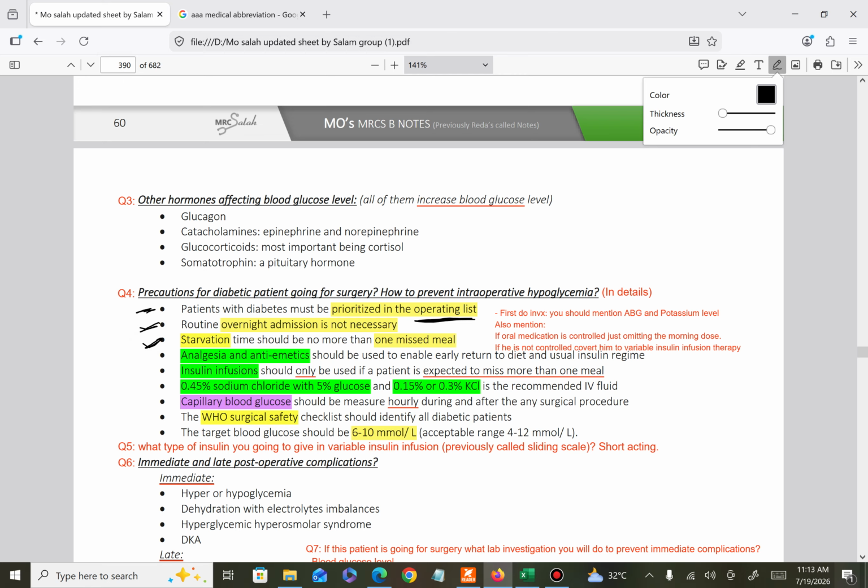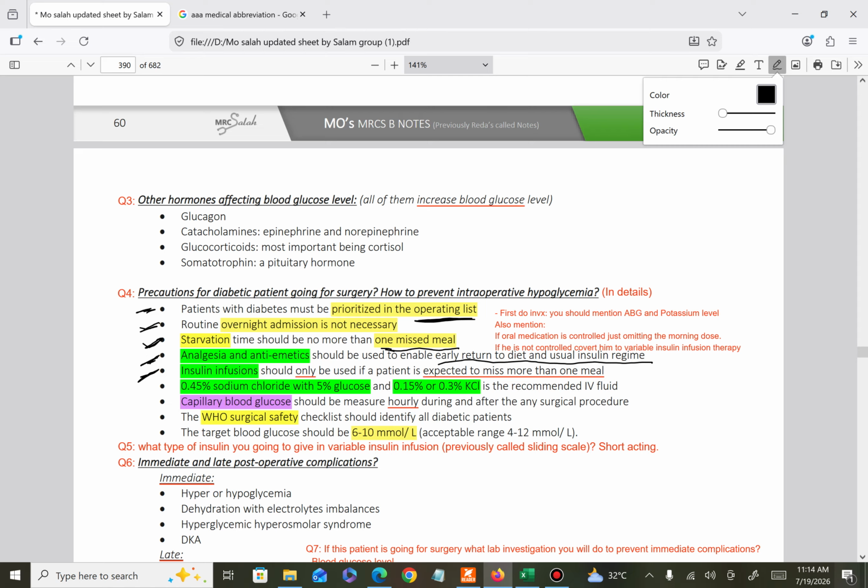Starvation time should be not more than one missed meal. Analgesia and antiemetics should be used to enable early return to diet and usual insulin regime. Insulin infusions should only be used if a patient is expected to miss more than one meal.